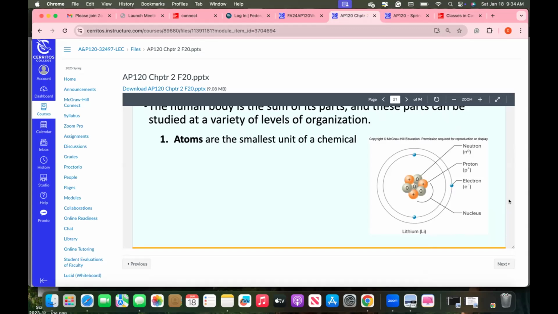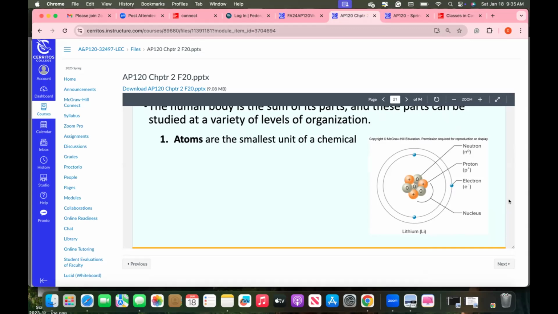This is a lithium atom. This is one of the chemicals in the periodic table. It's got positive charges called protons, neutral charges called neutrons, those are the gray ones, and it's got tiny little electrons, these blue particles. It's got three.